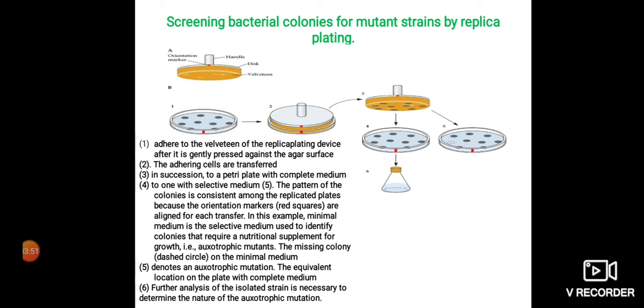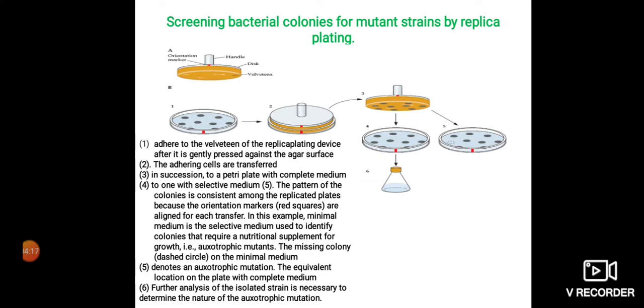Therefore, generally what people do is this: the master plate is the one which we directly obtain during the process of transformation. Once the transformed cells grow on a plate, that plate is called the master plate. From the master plate, people develop a few replica plates.